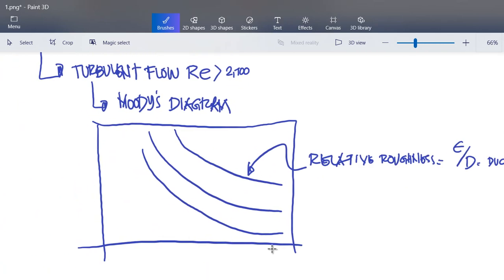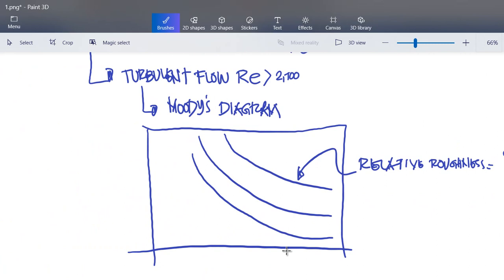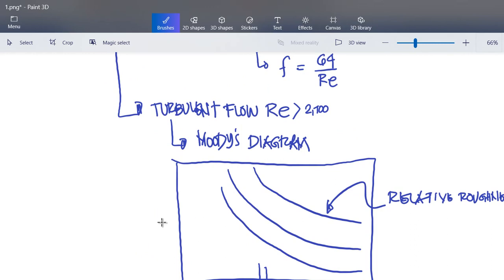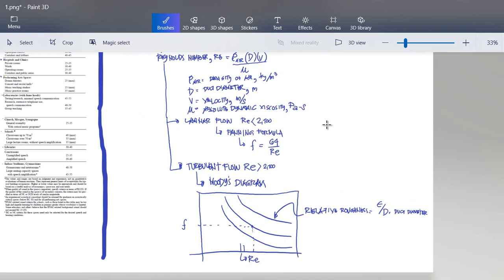Then at the bottom you have the value of your Reynolds number. Then where they intersect will be the value of your friction factor. So whatever Reynolds number value you have, where it meets the relative roughness, you get the value of f.